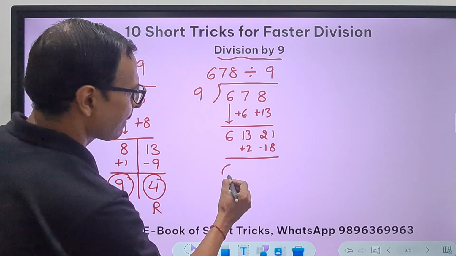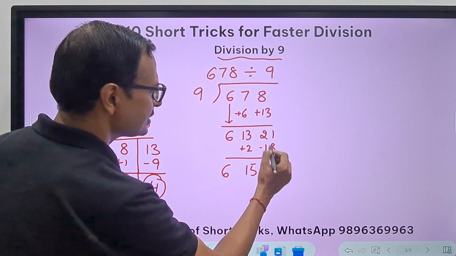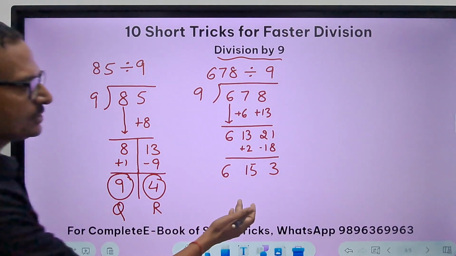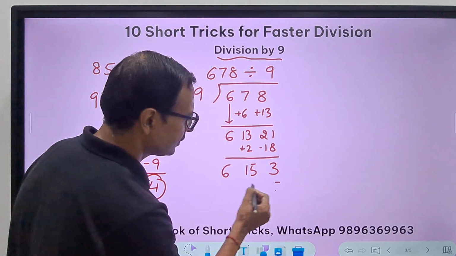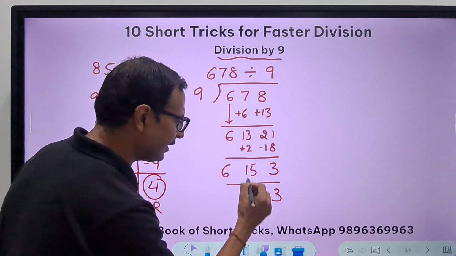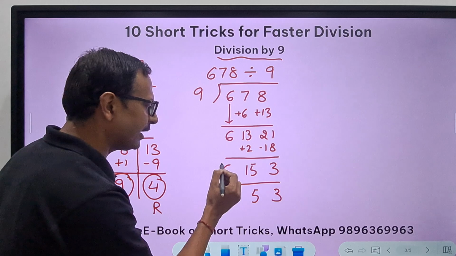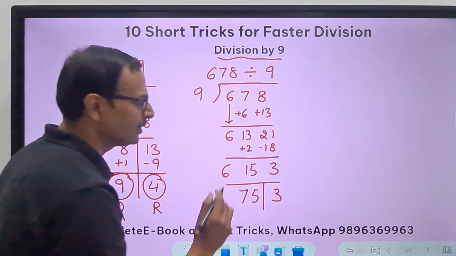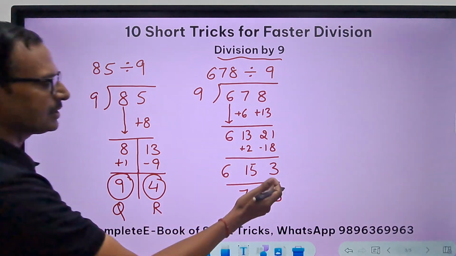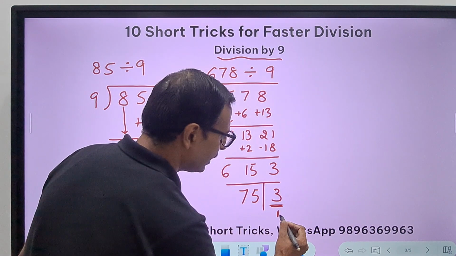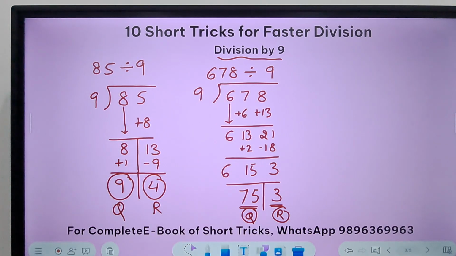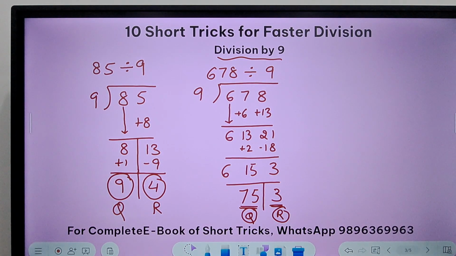This is 6, this is 15, and this is 3. Now just retain the single digit 3, retain 5 from here and carry forward the 1. So 6 plus 1, 7, and now the last digit is the remainder and this 75 is the quotient. You can pick up the calculators and check whether the answer is correct or not.